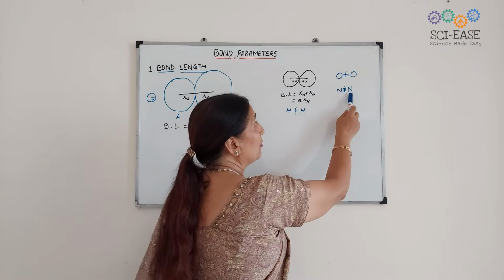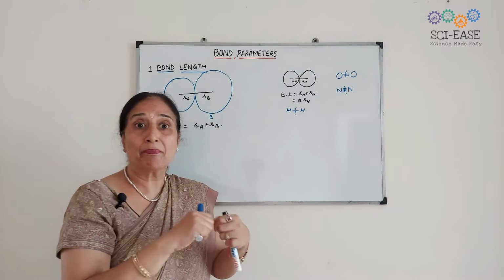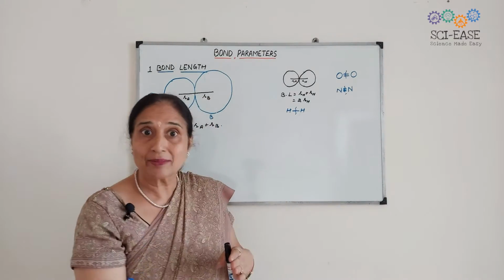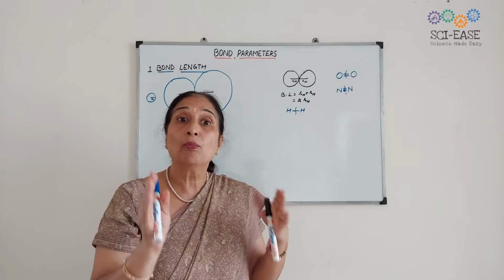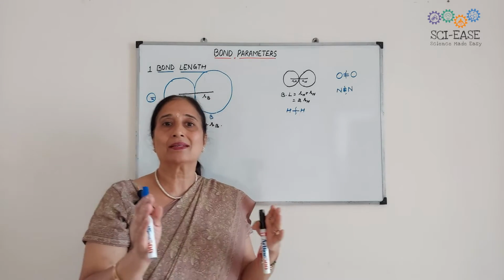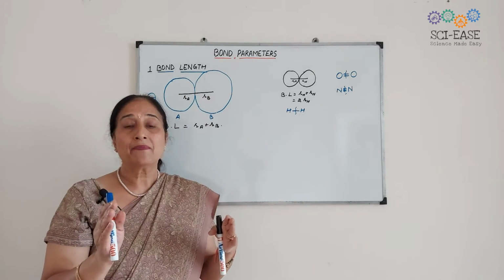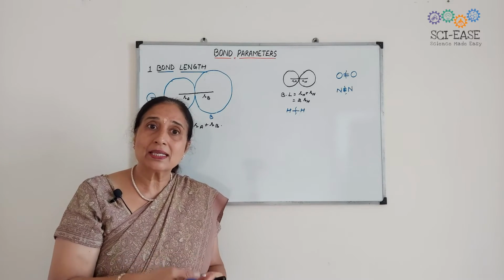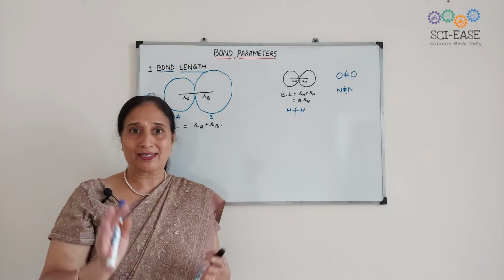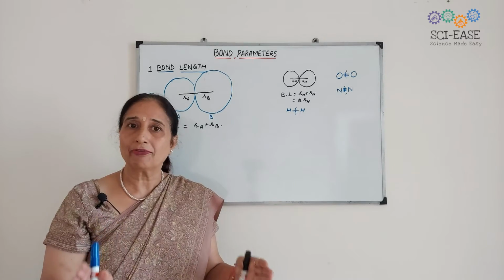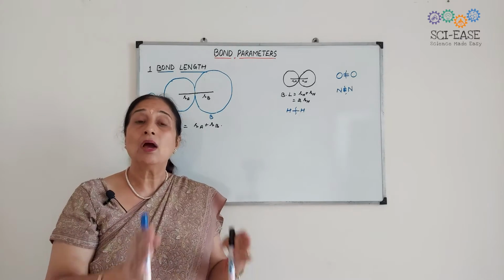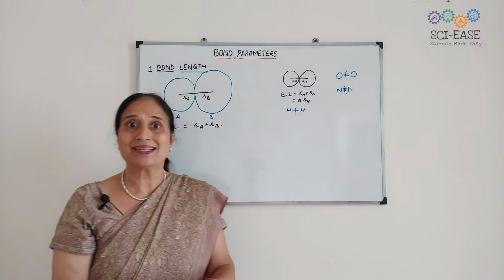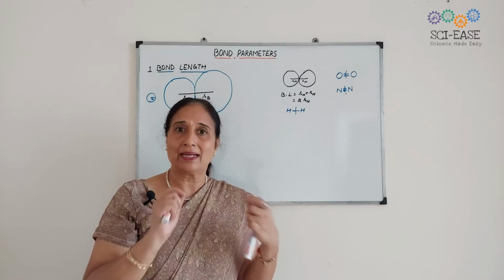And in the case of the nitrogen molecule, when we break it into two atoms of nitrogen, even more energy is required. So what is this energy? Here we consider 1 mole of the bonds. That should be clear to all of you: we consider 1 mole of the bonds between the particular atoms in its gaseous state.